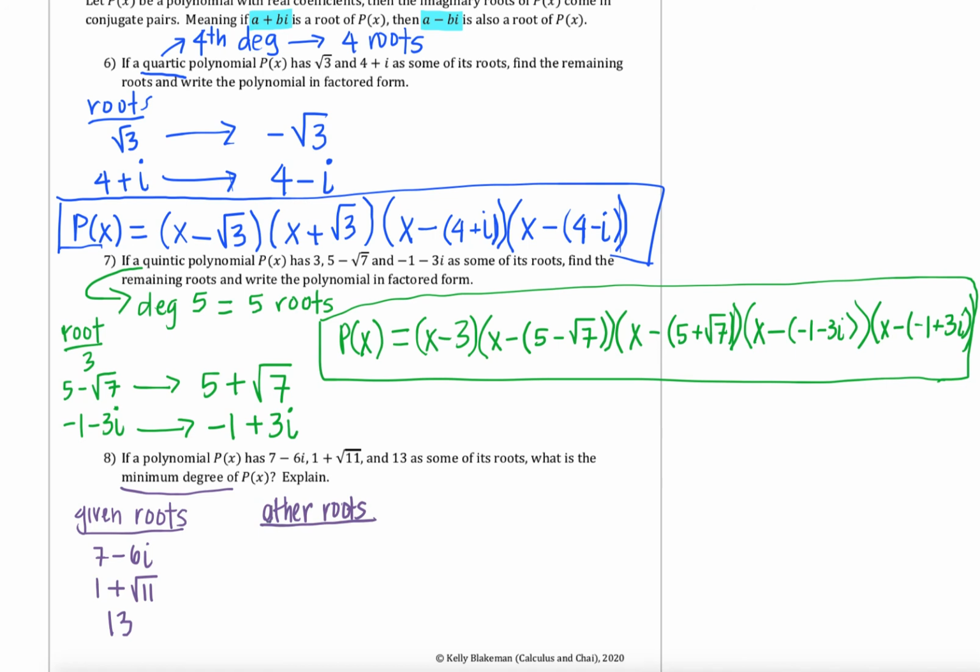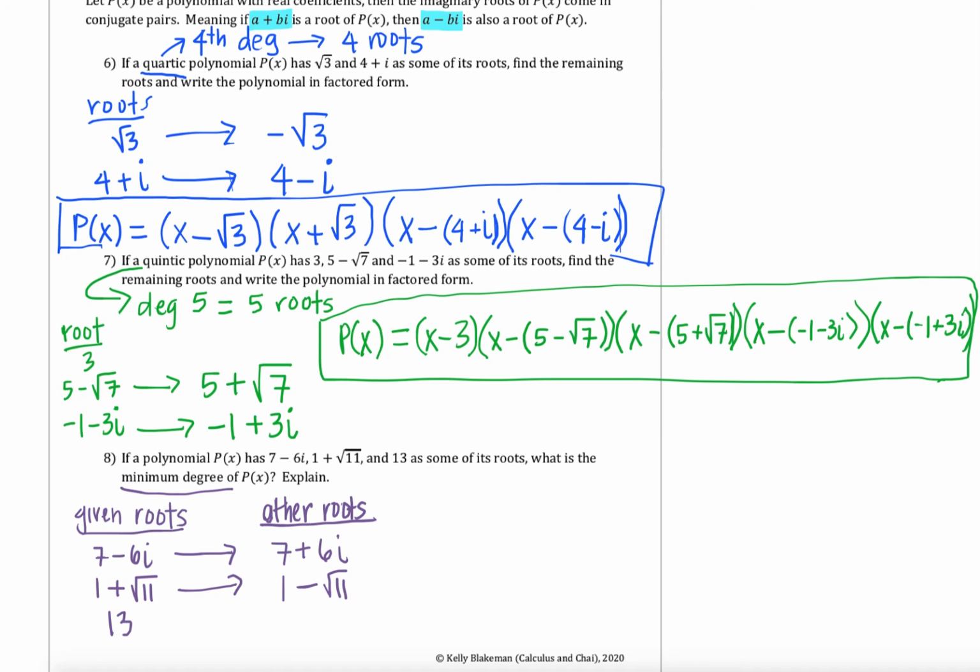So the other roots that we're going to be given: since 7 minus 6i is a root, then 7 plus 6i has to be a root. And since 1 plus the square root of 11 is a root, then 1 minus the square root of 11 is also a root here. For 13, this is not an imaginary number or an irrational number, so we do not have another matching pair of roots that goes with it.